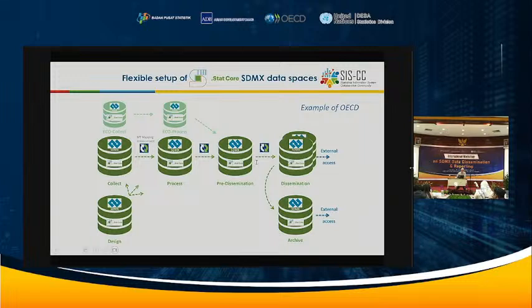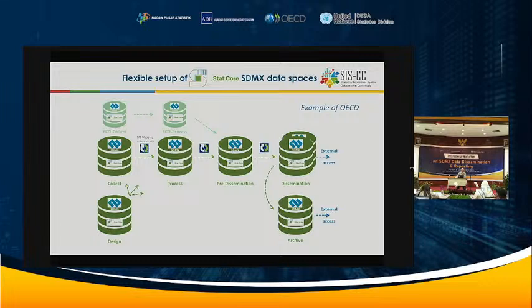Anyway, back to this pre-dissemination space. When the structures are finalized and everything's been agreed, we put the structures into pre-dissemination, and then the statisticians can start loading the data into that space. They can start preparing the data for dissemination, but maybe the data is not complete yet.